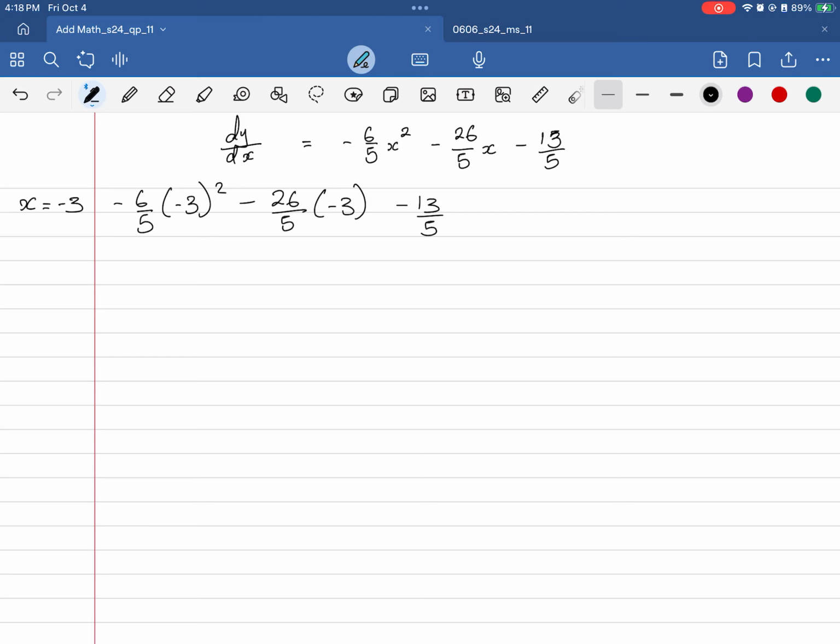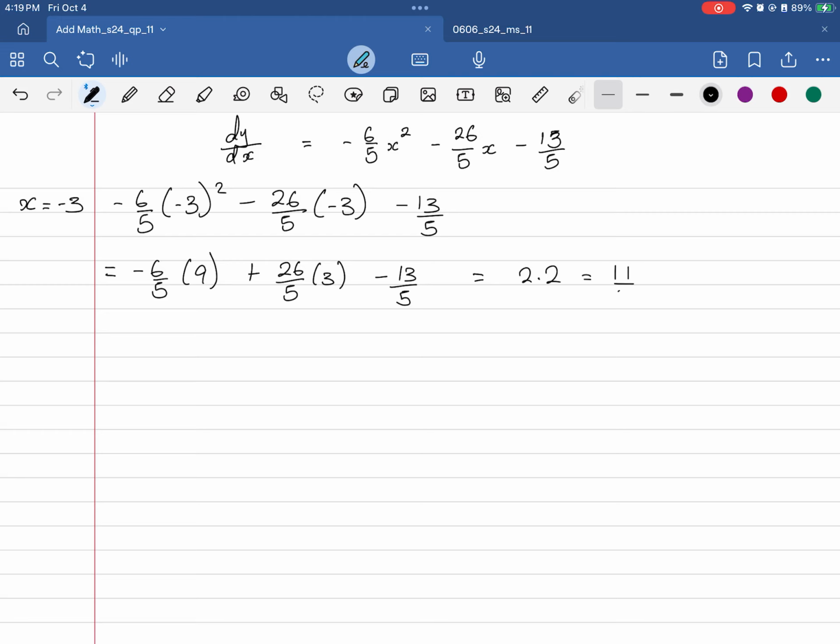This would give you minus 6 over 5 times 9, because 3 squared is 9, and this is plus 26 over 5 times 3 minus 13 over 5. This is a positive value, 2.2, or 11 over 5.